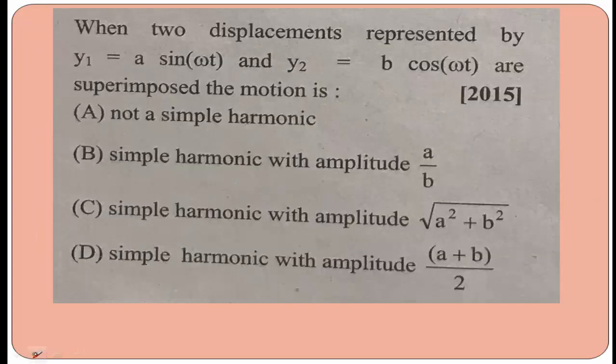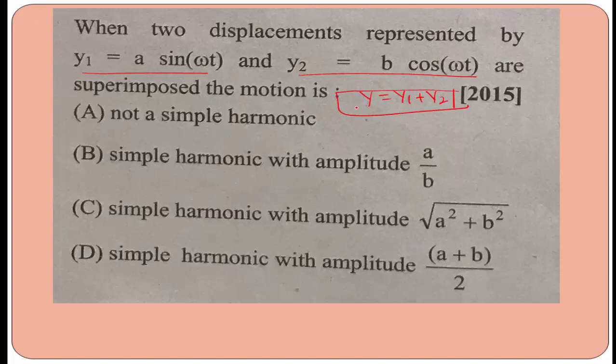Next problem. When two displacements represented by y1 is equal to a sine omega t, this is the displacement of the first simple harmonic motion, and y2 is equal to b cos omega t, superpose the motion. We know the formula, the resultant equation y is equal to y1 plus y2.